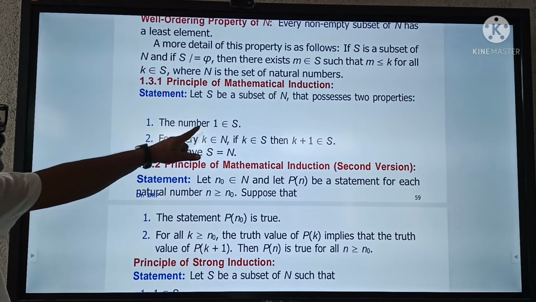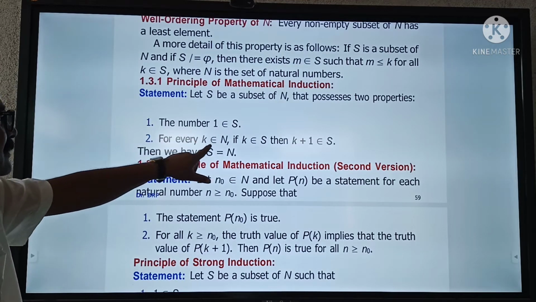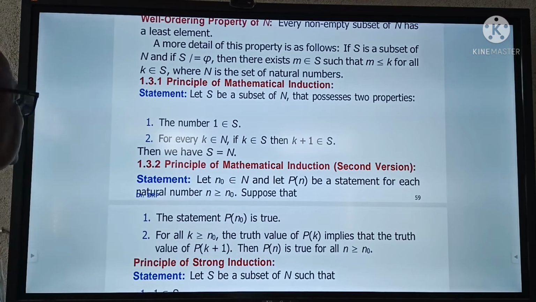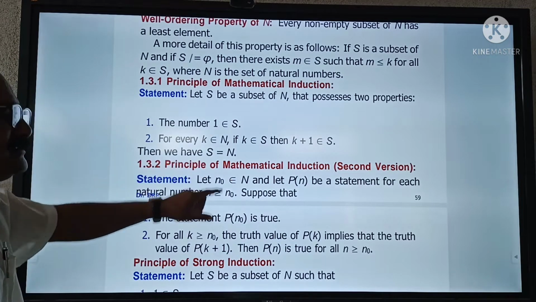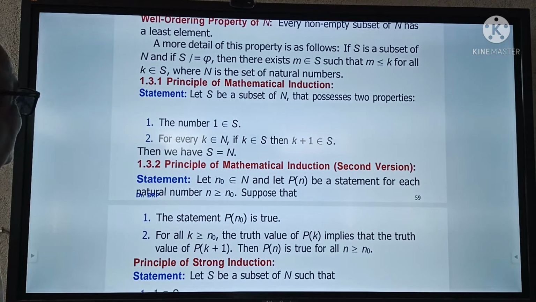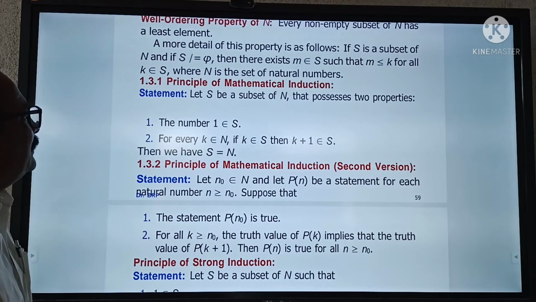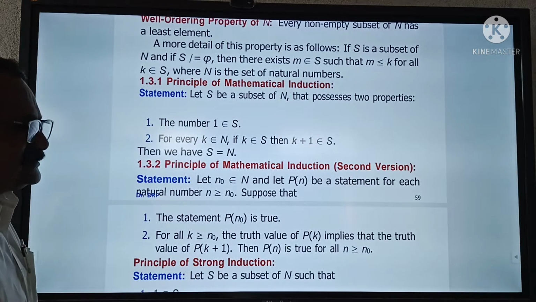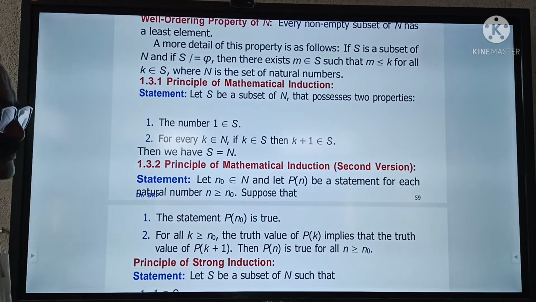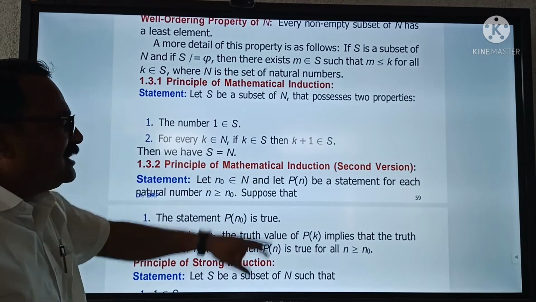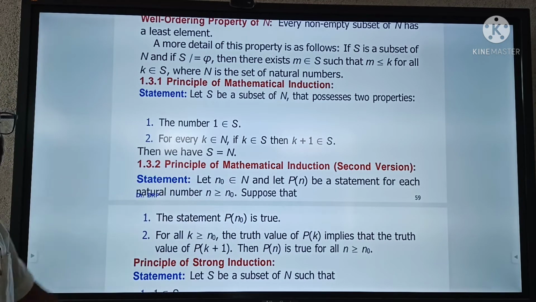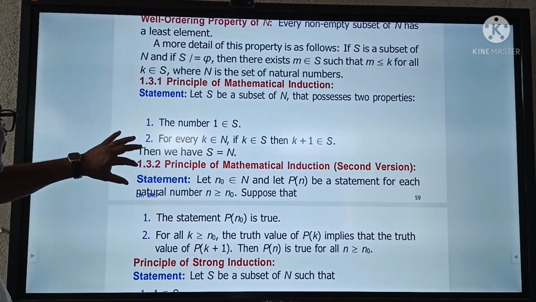First, 1 belongs to S, and for every k belongs to N, if k belongs to S, then k plus 1 belongs to S. Then S is equal to N. This is the principle of mathematical induction.